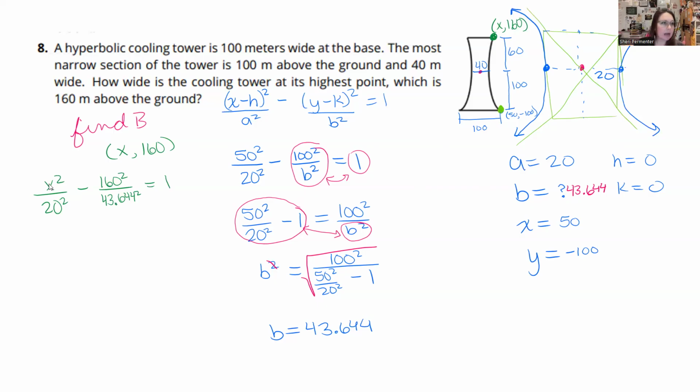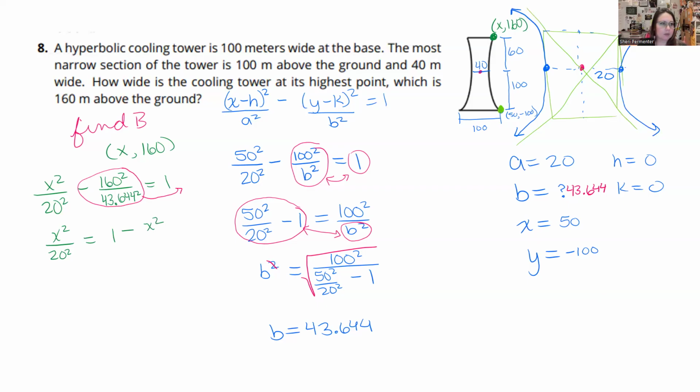So I'm going to have to do more math magic. It's going to be very similar to the steps that I did over here. But I want to isolate X. So to isolate X, I'm going to move this whole fraction. And it's negative on this side, so when I bring it over, it's going to become positive. So I get X squared over 20 squared equals 1 minus X squared.